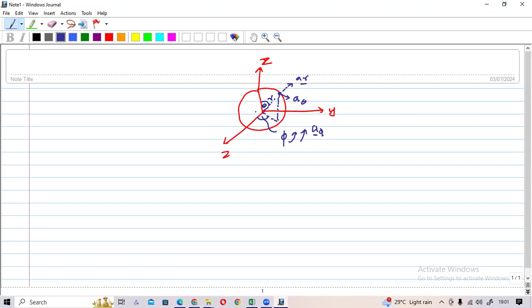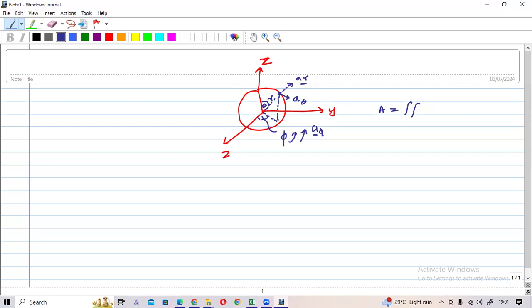So if you need to find the surface of this sphere, the area of a sphere, what do you have to do? You have to evaluate the integration. You have to evaluate the surface integration because you are going to find the surface.